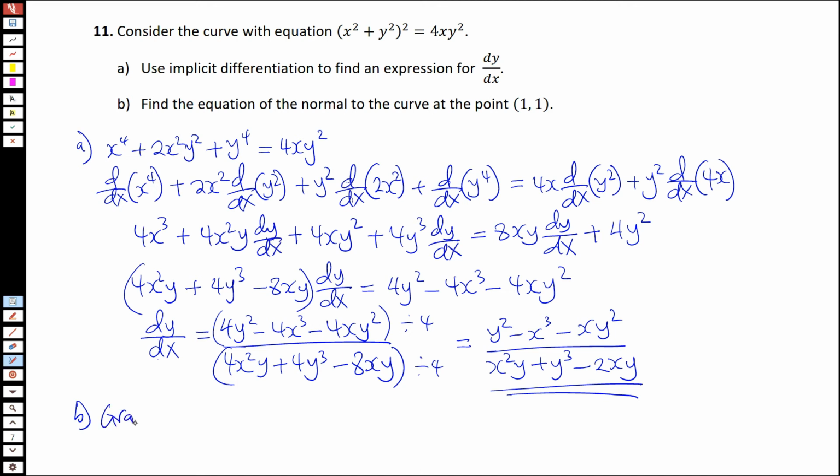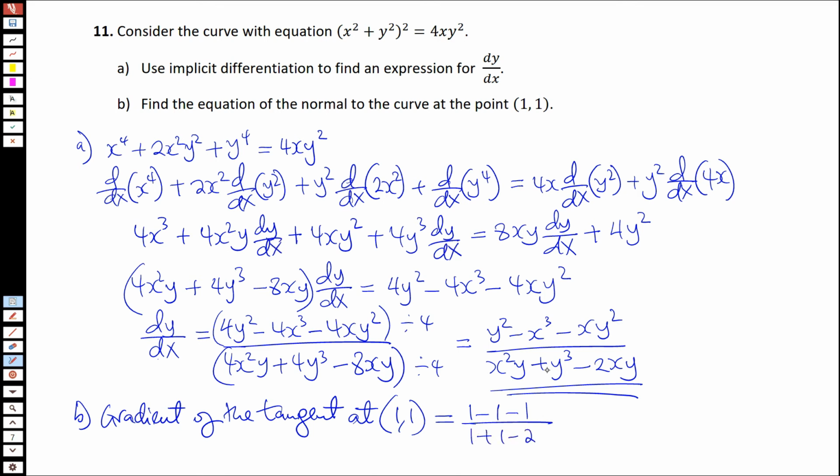So the gradient of the tangent at (1, 1) will be equal to, we plug 1 in place of x and y, so that will be 1 minus 1 minus 1 over 1 plus 1 minus 2.